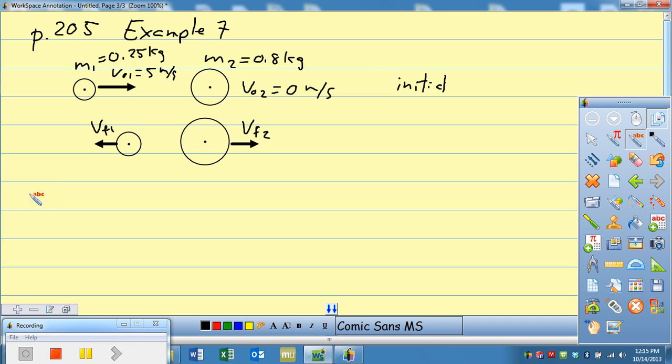Our momentum equation is going to look like this: M1 V01 plus M2 V02 equals M1 V final 1 plus M2 V final 2.